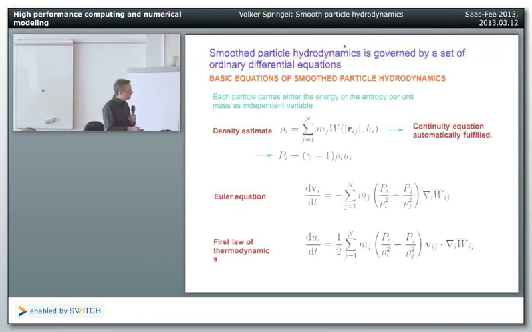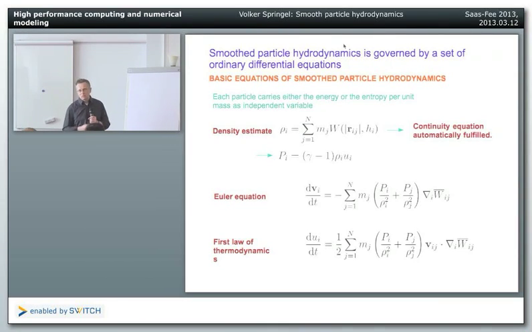In particular, if you look at the gradient of the kernel here, there's now suddenly an index ij and an overline. That overline means that some form of averaged or symmetrized kernel is used here, because in practice, one usually makes the smoothing length h_i a function of the particle i itself.